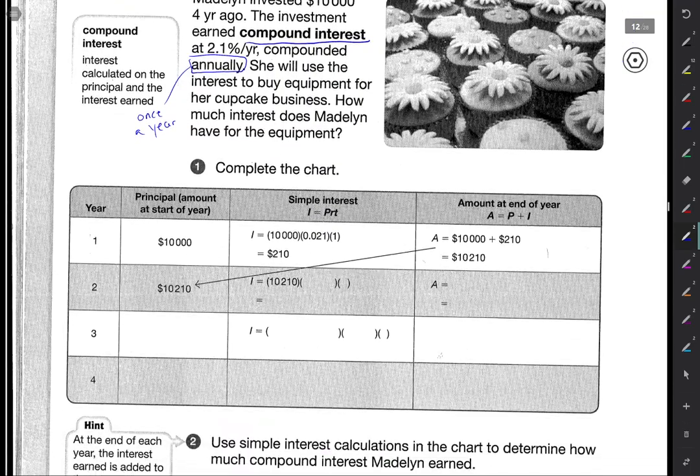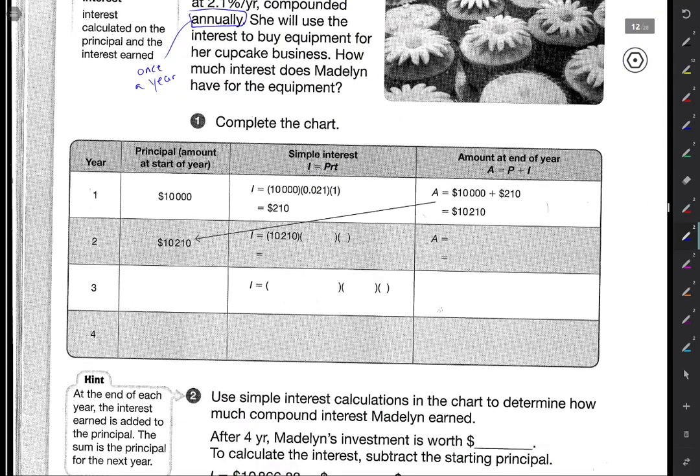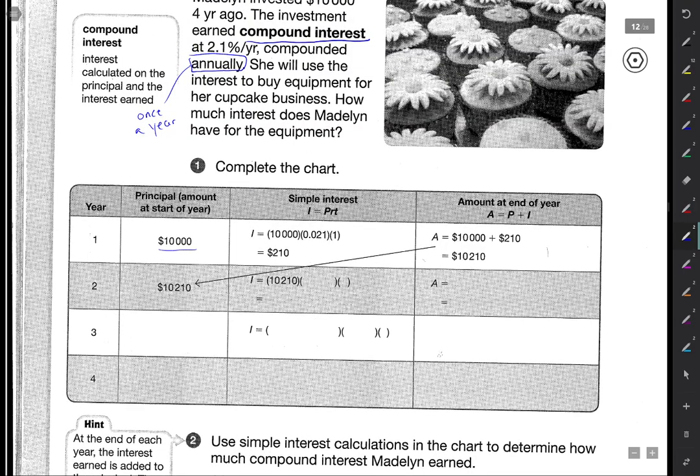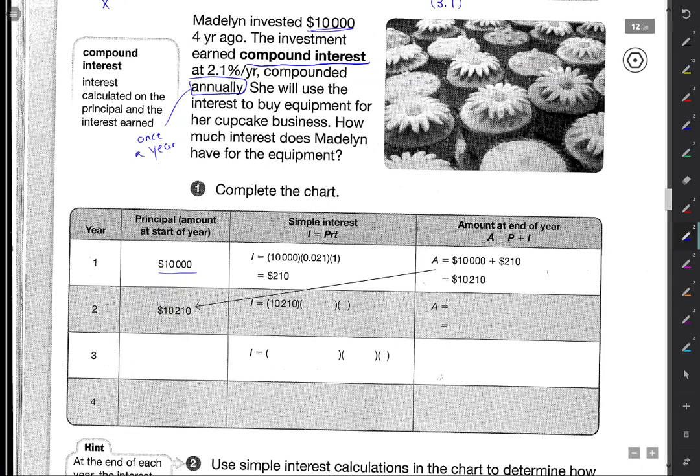So let's look at this chart and see what this all means. Year 1. The principal or the starting amount at the beginning of the year is $10,000 because it says she invested $10,000. If we use the simple interest formula, we would do I equals PRT. So we have the principal amount, the rate, and the time. The time this time is 1 year. And the rate, it says 2.1%.